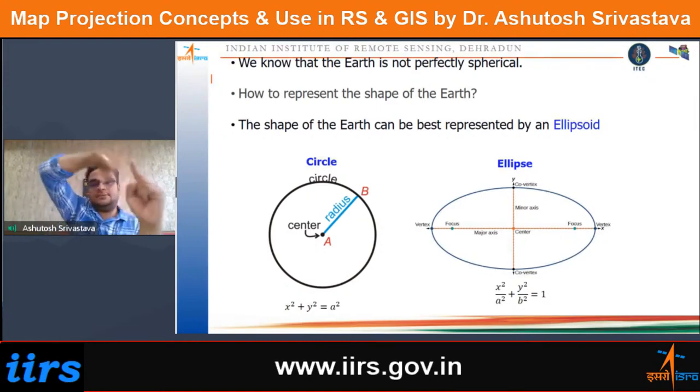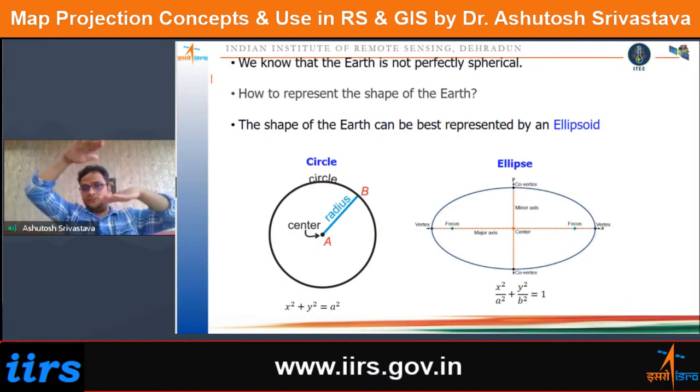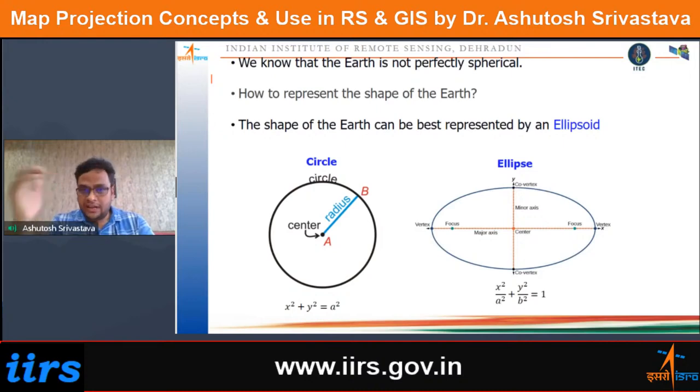When you rotate it about its minor axis, you may see some flatness from top and bottom, and the three-dimensional geometry that comes out is an ellipsoid. So there is just a minor difference from the sphere to this ellipsoid. Both places you are rotating about the vertical axis, here the minor axis, there the diameter.